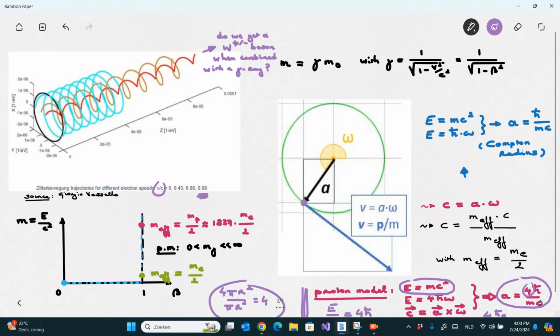So if you go to v over c ratios very near the speed of light, and we know we need enormous energies to do that, as a result also the relativistic mass of our electron will increase. So our electron does become photon-like, but of course this is not a photon. It's photon-like in the sense that it travels at very nearly the speed of light, but it's also very massive.